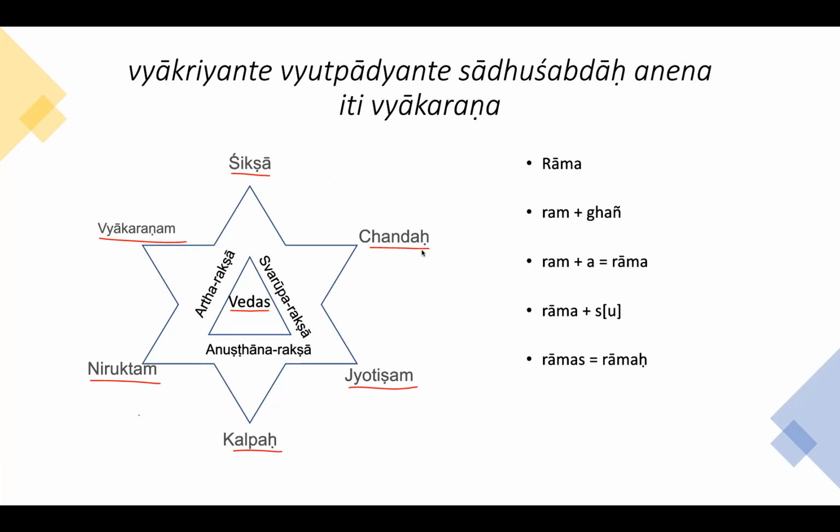So Shiksha and Chanda, they protect the Swarupa of the Vedas, Vedic mantras. Basically, the Vedic mantra has to be pronounced in proper intonation and proper pronunciation, and also with the proper meter. So it protects the Swarupa of the Vedic mantras. And Jyotisha and the Kalpa, they protect the Anushtana, the performance of the Vedic rituals.